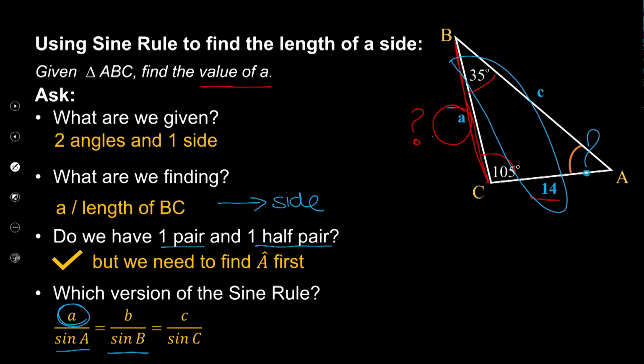Because we're given the half pair, we've first got to find this angle A here. When we do, we can use this half pair and this full pair in this equation, using the sine rule to find little a.